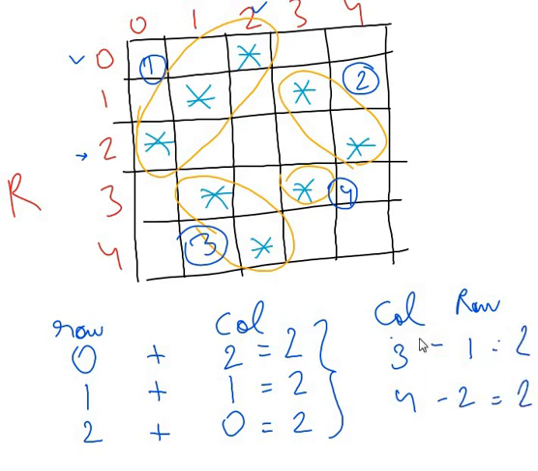So we can write one more expression in Python: if column minus row is equal to 2, then draw a pattern, or maybe draw a star. Finally, you can do the same thing for this one and this one. Okay, so let us write the program and see how it is written.